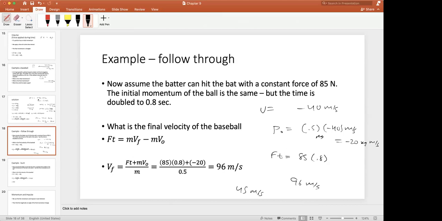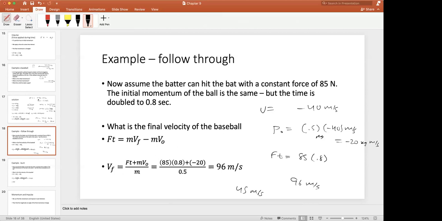We doubled it, but we only increased the time from 0.5 to 0.8. We more than doubled the final velocity just by applying a bigger impulse onto the ball. We changed the momentum much, much greater.